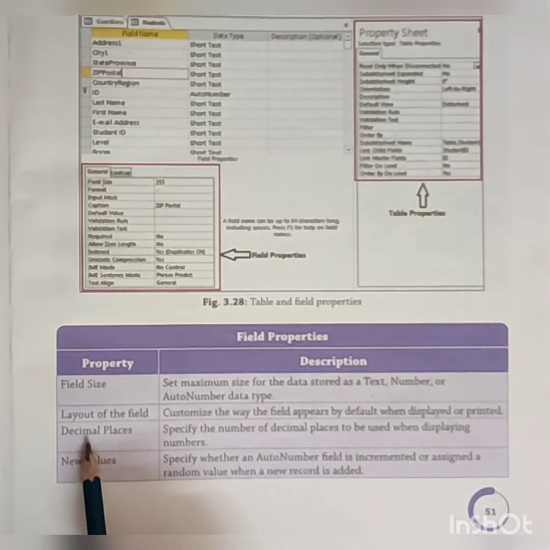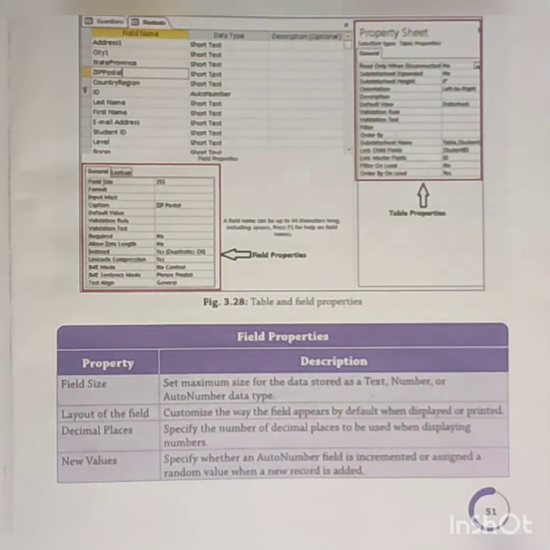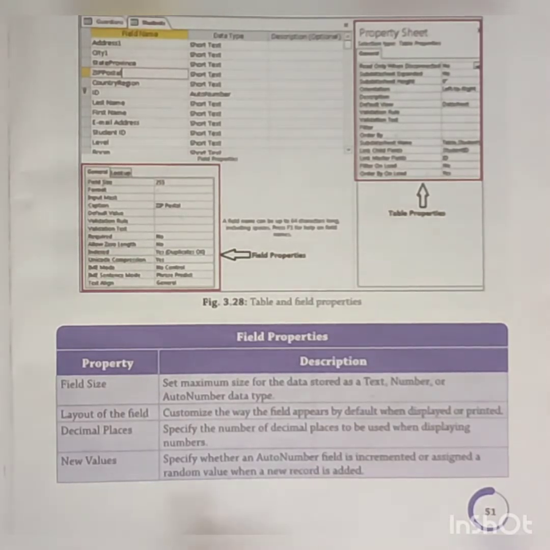Decimal places means you specify the number of decimal places, up to 2, 3 or 4 decimal places. New values means specify whether an auto number field is incremented or assigned a random value when a new record is added.